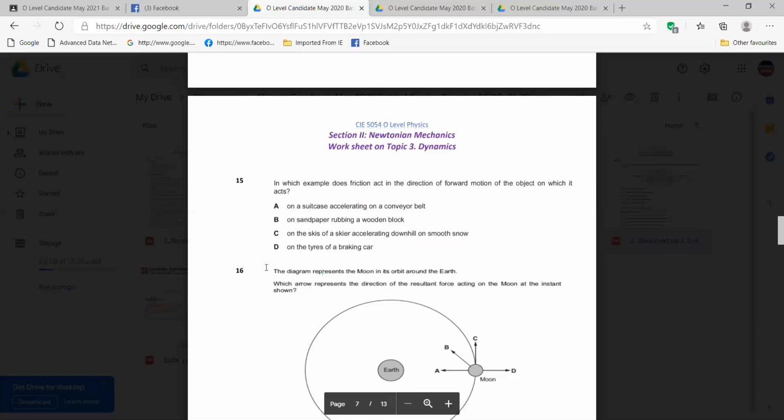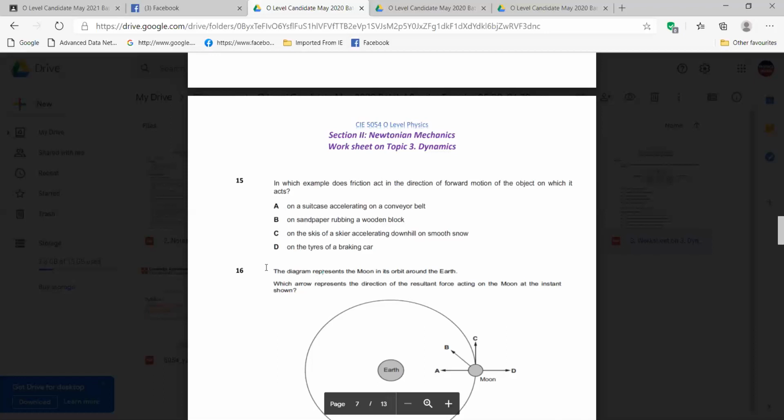So I think it's B. So it is also like that, opposite direction. If you rub a wooden block on a sandpaper, it's working in the opposite direction. Is it A?